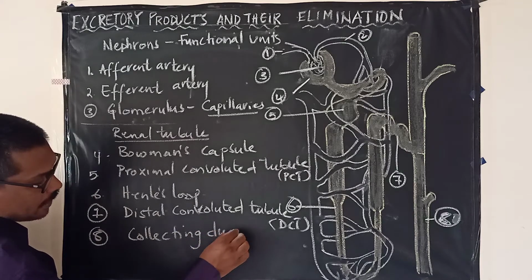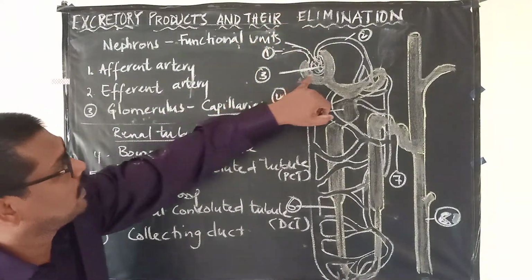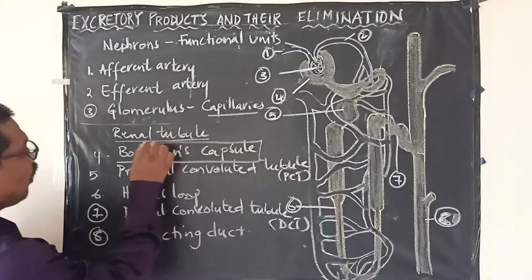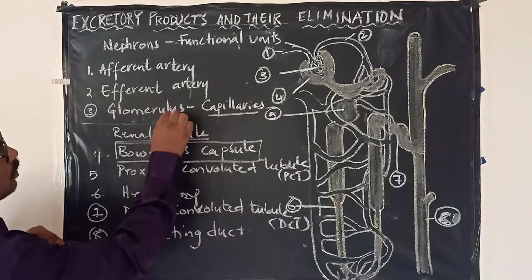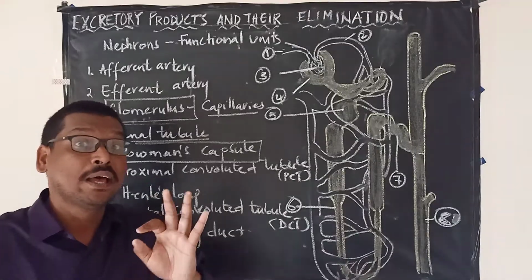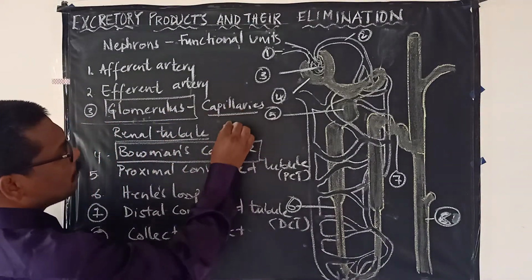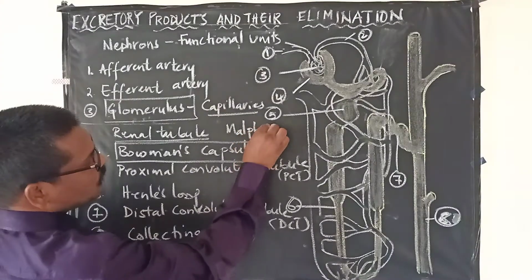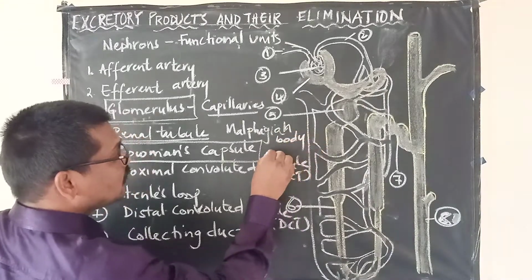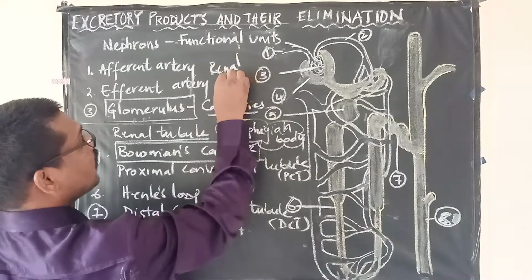And now another point we have to remember is that the glomerulus plus the Bowman's capsule, both together called as Malpighian body. I'm writing here, please check it. Or otherwise it is also called as the renal corpuscle.